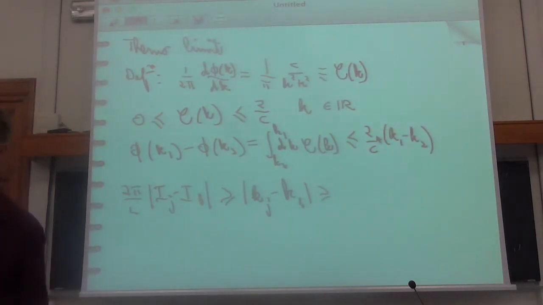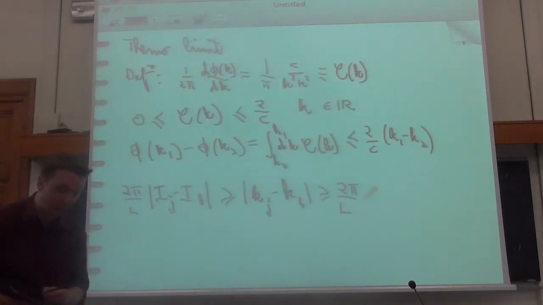The number of terms is just N, because that's the number of particles you have, so you have this N over L. So essentially you can write that the difference between the rapidities, these quasi-momenta, has to be greater than or equal to, again, the difference between the quantum numbers, but with a little correction that comes from this estimate, which is 1 plus 2 times the density divided by c.